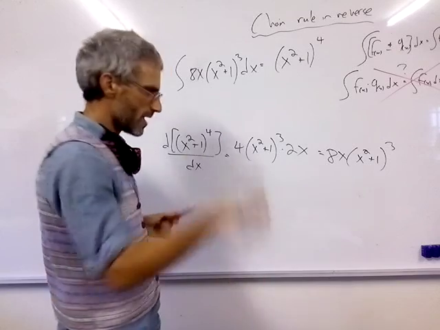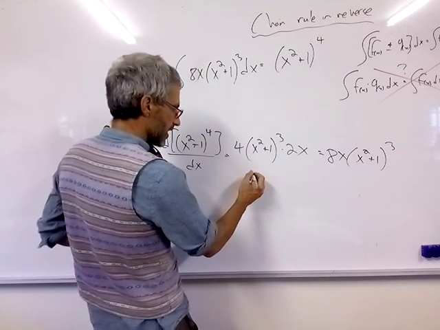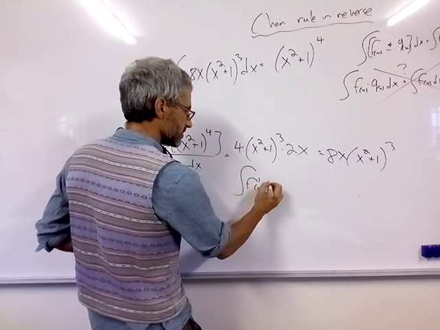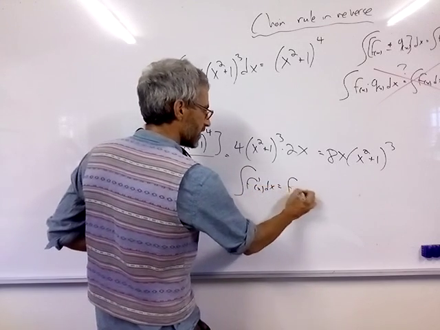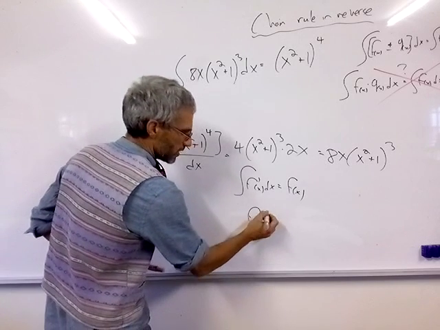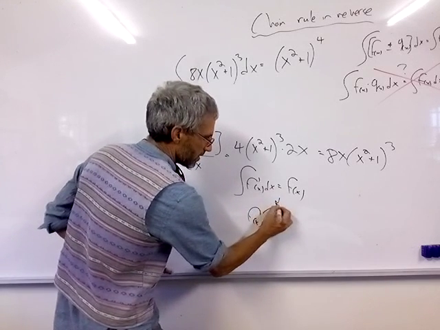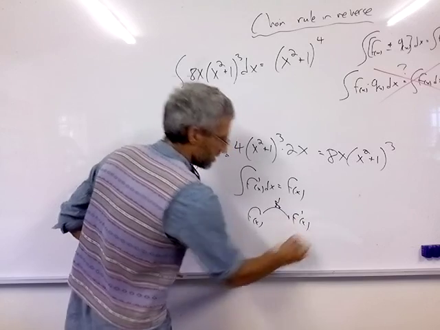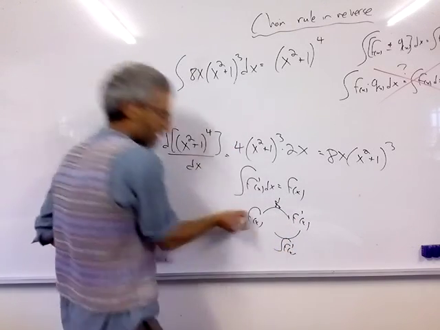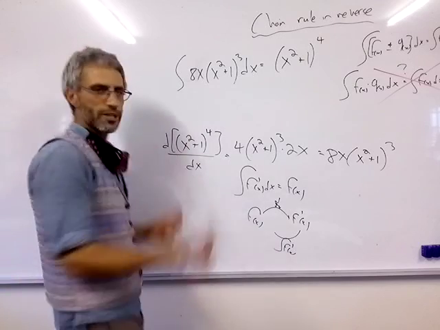Now, if you remember in the recap, I said that the integral of a derivative of a function is simply the function. If I take a function and differentiate it, I get a derivative. If I integrate, I'm going to get back my function. So what did I find out here?